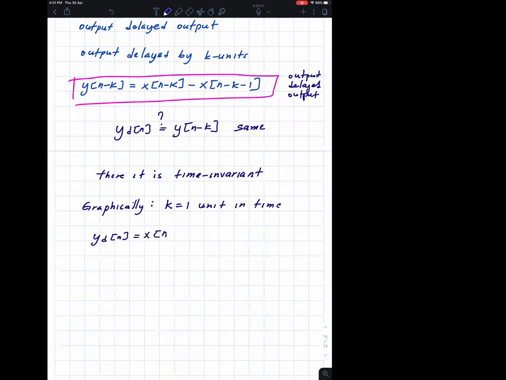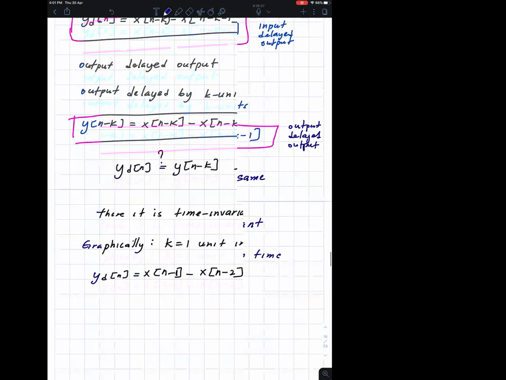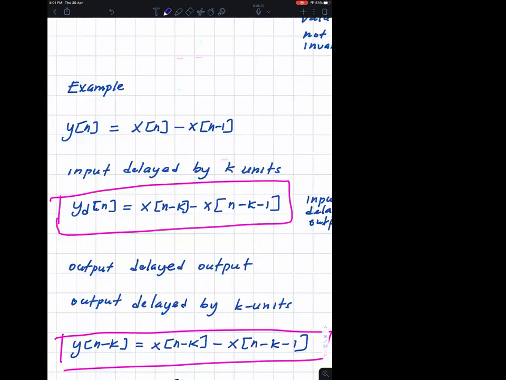Now I'm replacing the k with 1 in this equation, so it becomes n minus 1 and n minus 2: xn minus 1 minus xn minus 2.